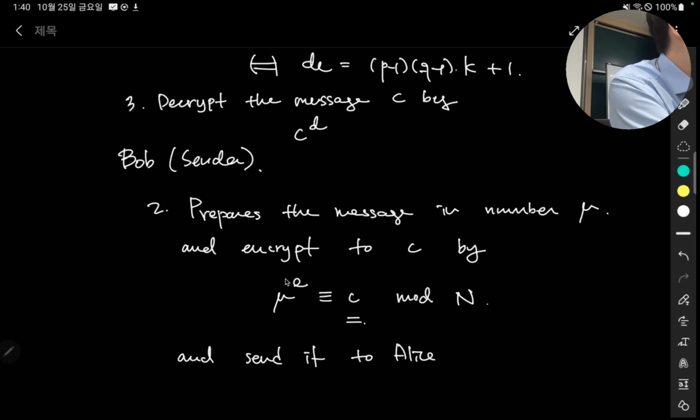D shouldn't be published because D is the secret key. So what Alice is doing is taking D as the exponent of C, and then what she gets is the original message Bob tried to send, and mod out by N here.